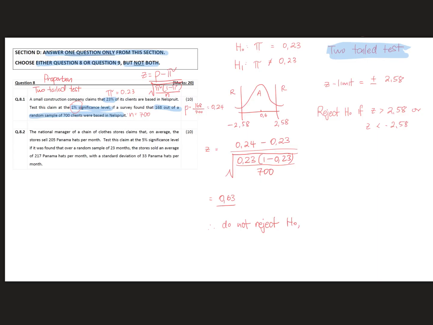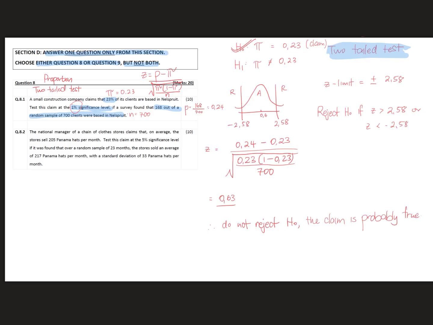So basically, if you go back to the null here, the claim was that it is exactly 23%. So if we are saying do not reject it, that means that the null hypothesis is probably true. So you will say then, we do not reject the null hypothesis because, or we can conclude that the claim that they're making is probably true.